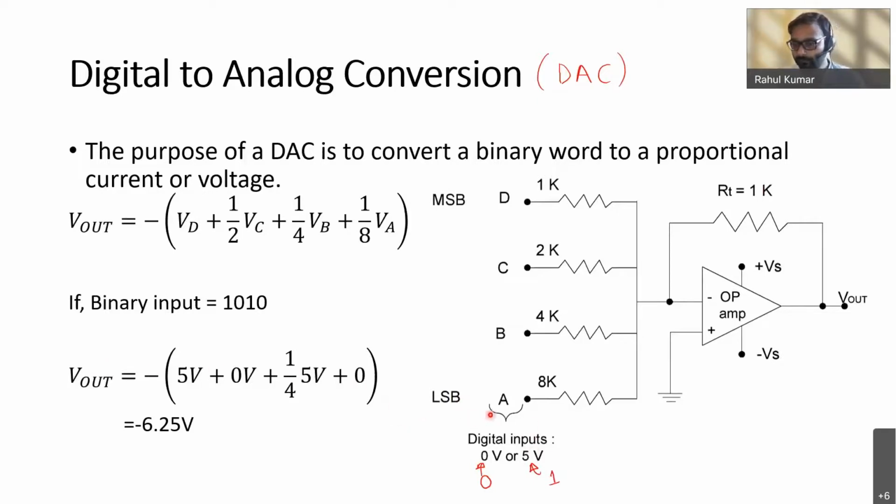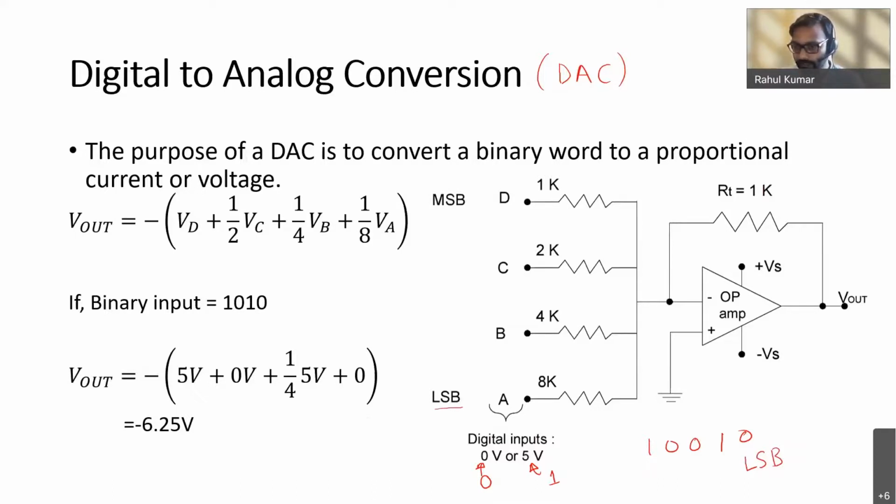Now, if you have any binary number, let's say 1001, like that, or let's say this one. In this case, the last bit is called the least significant bit, LSB.